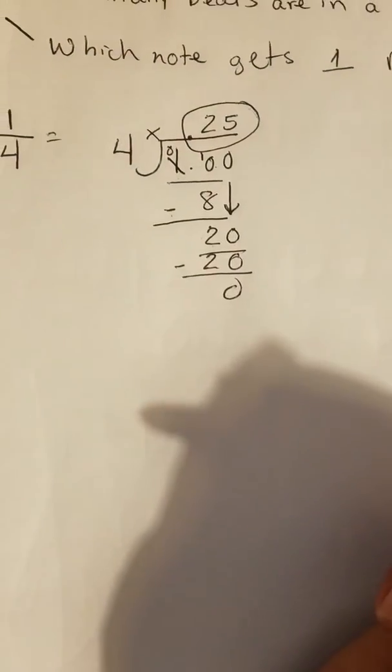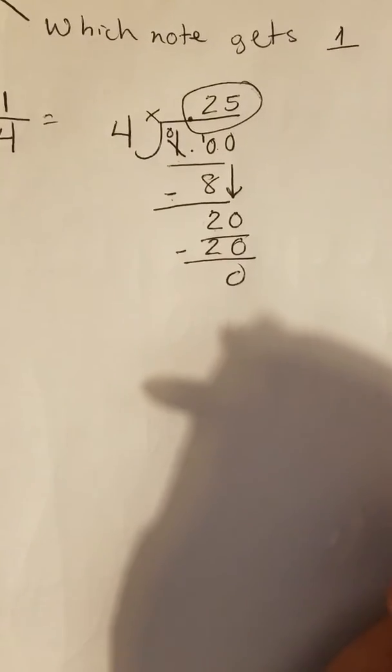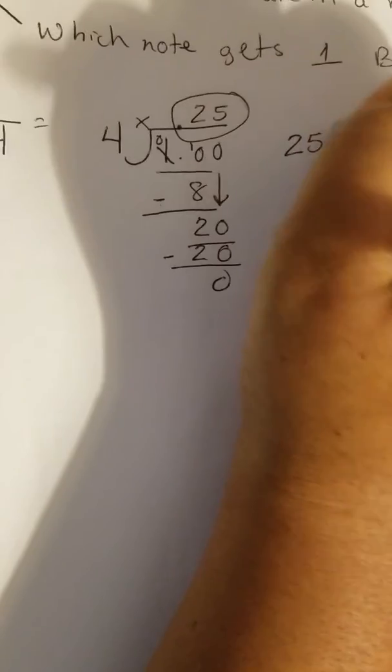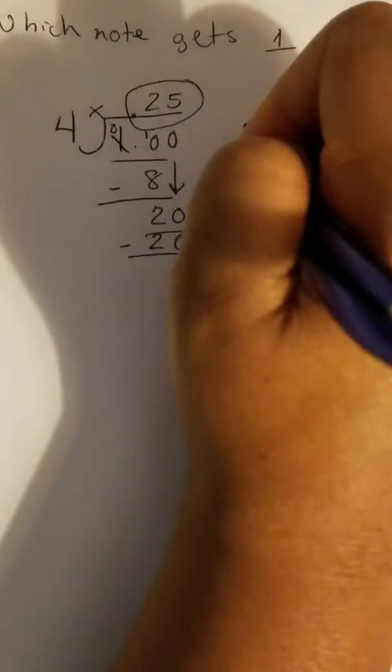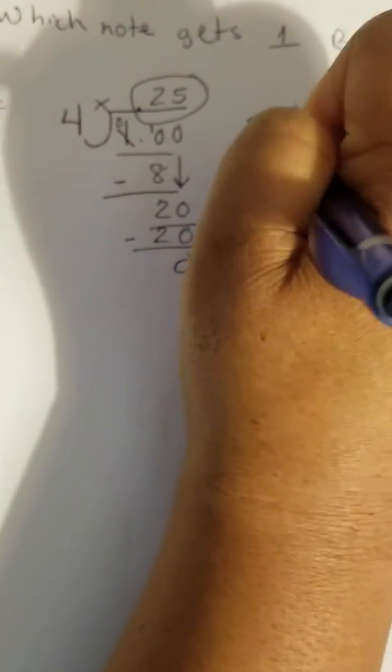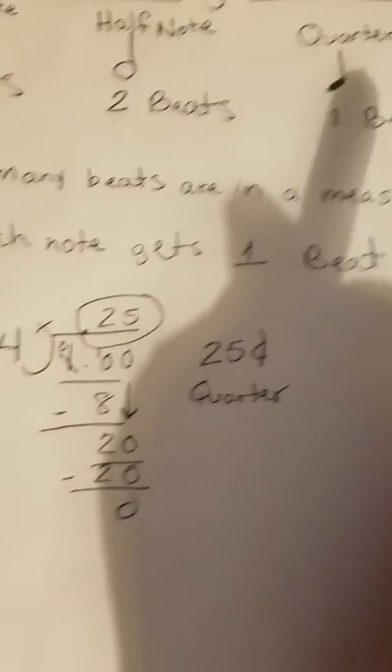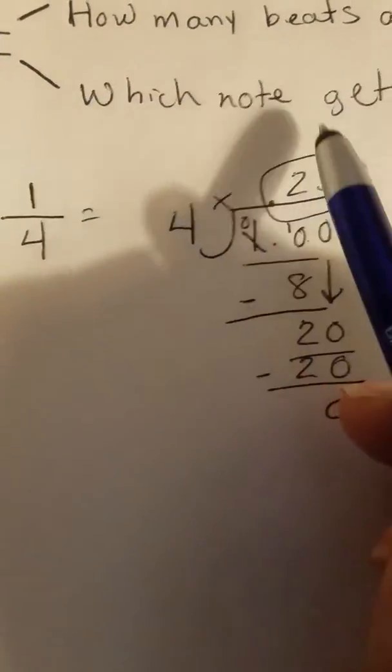What coin in money represents 0.25? 25 cents. A quarter. So a quarter note is the note that gets 1 beat.